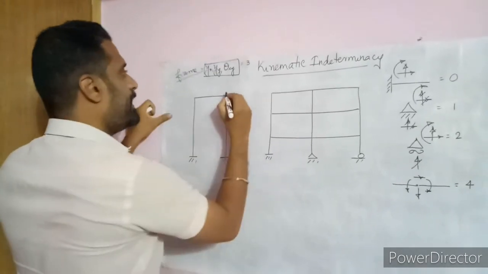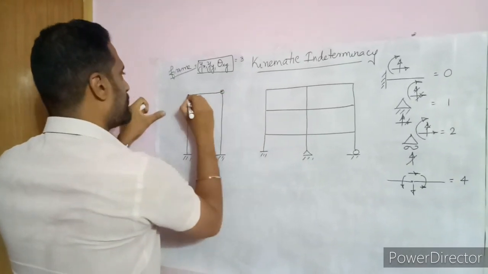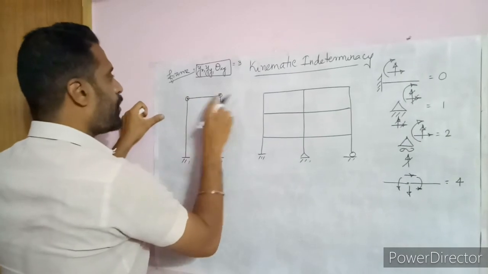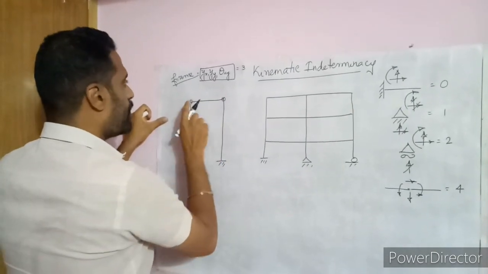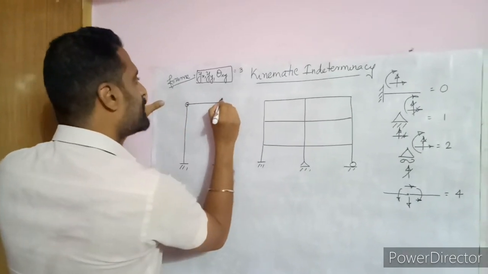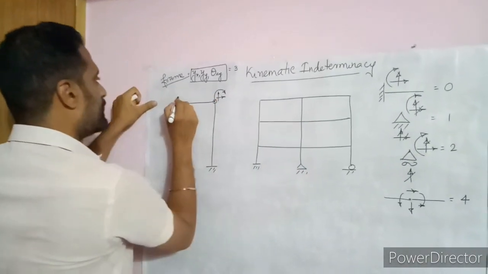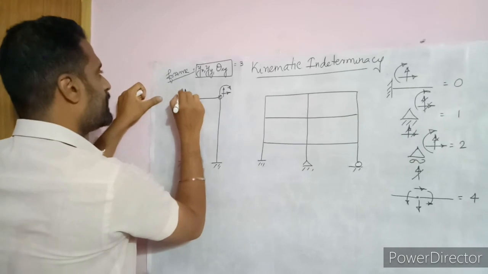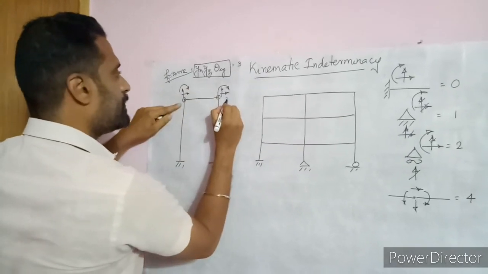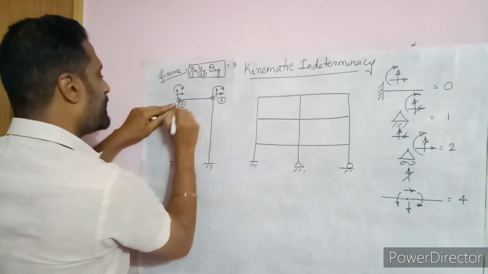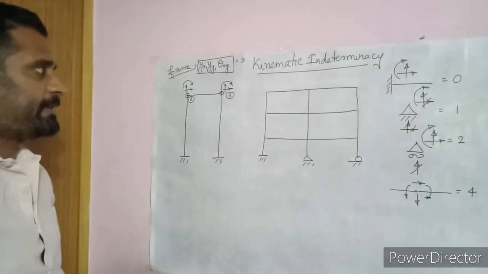In truss these are called joints, in frames these are called connections. In connections there will always be 3 deformations. So in a connection the number of unknown deformations is 3. You just keep in mind.